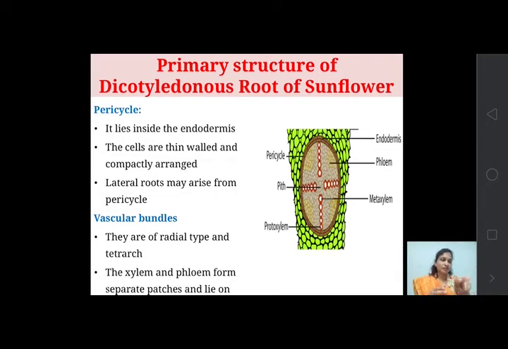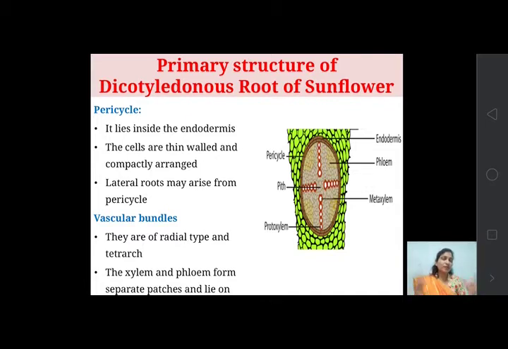This is how internally we can differentiate the root and the stem. When you see the transverse section of both root and stem, and you don't know which is the root and which is the stem section, how do you come to know? Yes, you observe the vascular bundles and the exarch or endarch condition.